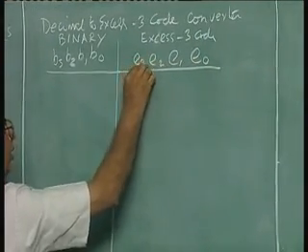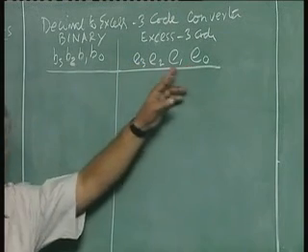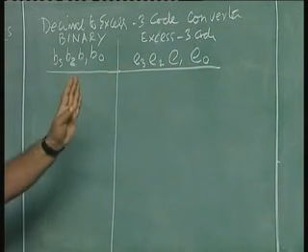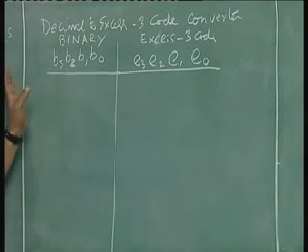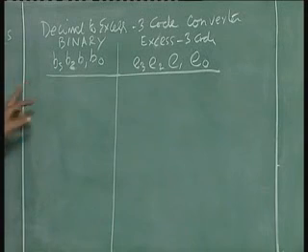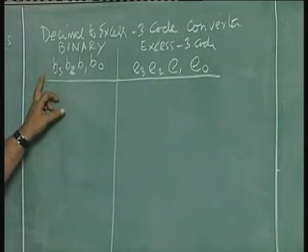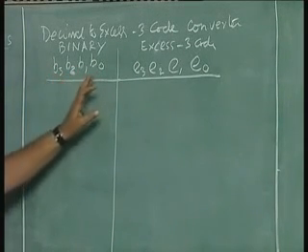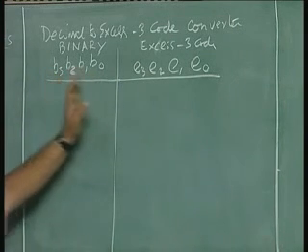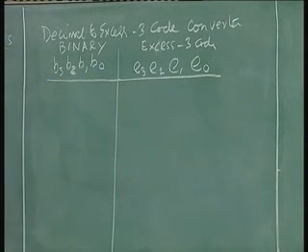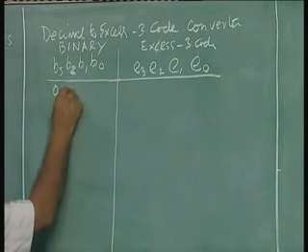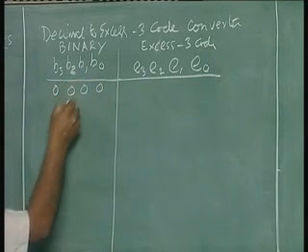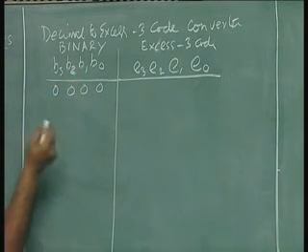All of you know that this is called the least significant bit, or LSB, to the right. The one to the left is called the most significant bit, or MSB, because the value of this bit is much higher compared to this. This is the minimum value, then the next higher, next higher, next higher. So from LSB to MSB there are 4 bits. Here also from LSB to MSB there are 4 bits. So I am only interested in 10 of these values.